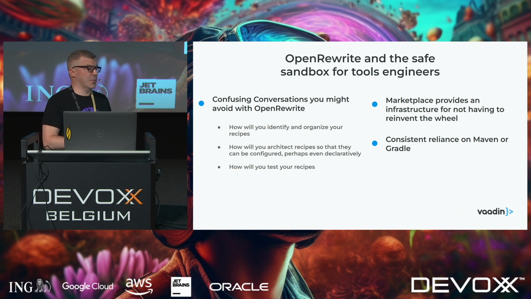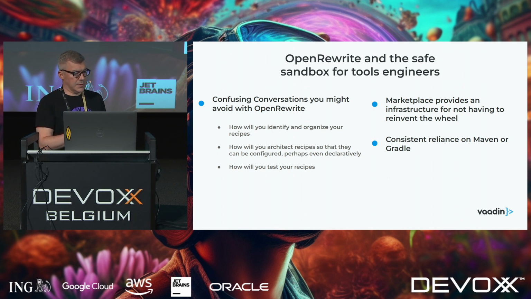Like the way that you would identify and organize your recipes. OpenRewrite has it built into its library that the recipe class has a number of members that are there specifically to help you keep track of the potentially large number of recipes that you might need to write, like giving recipes an identifier. So first of all, understanding that you might want to identify these in a friendly way.